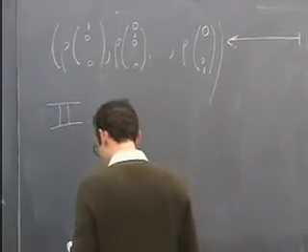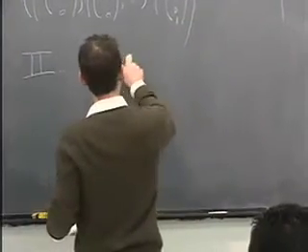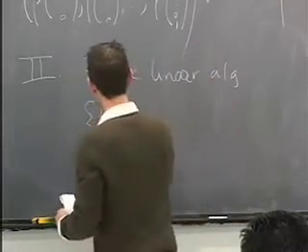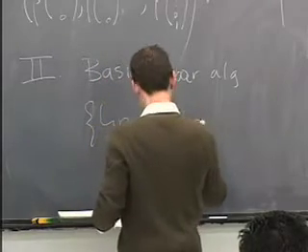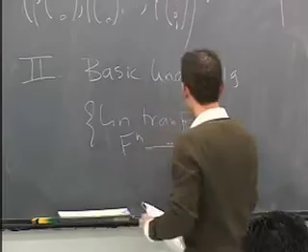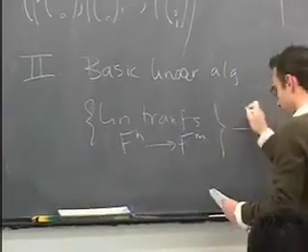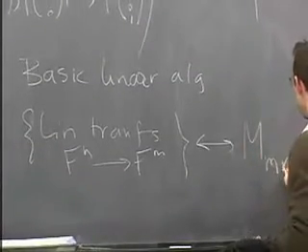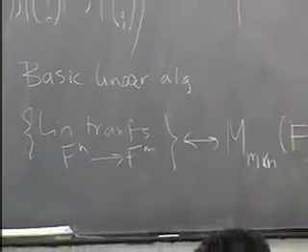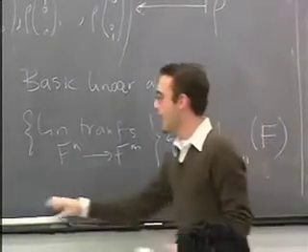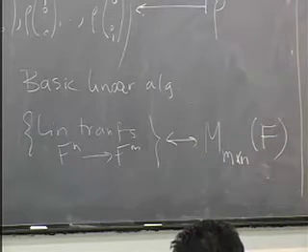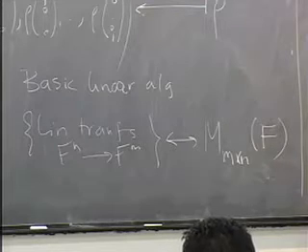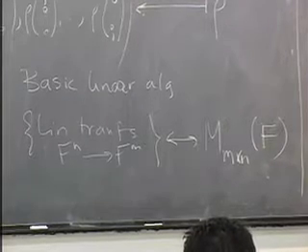Okay, the second correspondence I want to look at is something that you saw in basic linear algebra. And that is that linear transformations between our standard vector spaces, Fn and Fm, these correspond to m by n matrices over the field F. So another piece of notation, just to make sure that we're all clear on what's going on here.